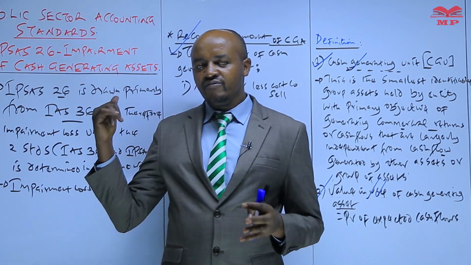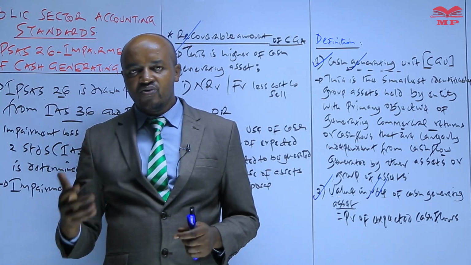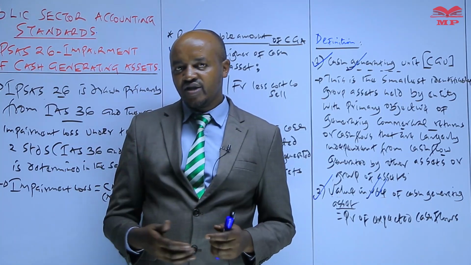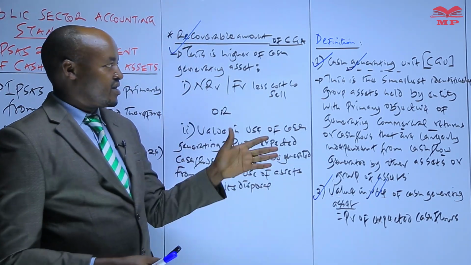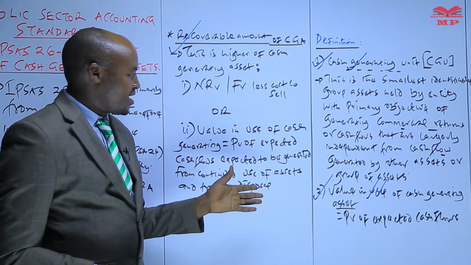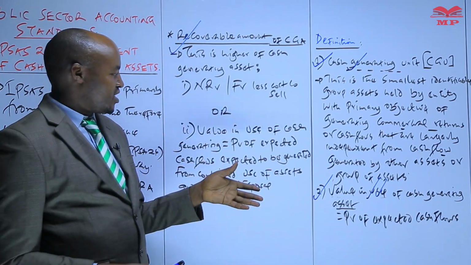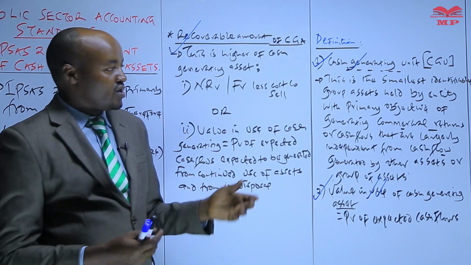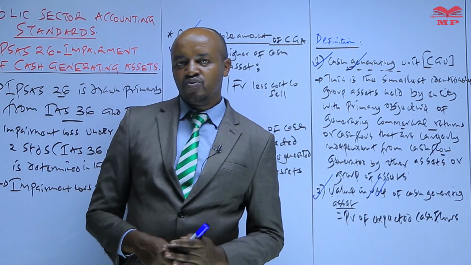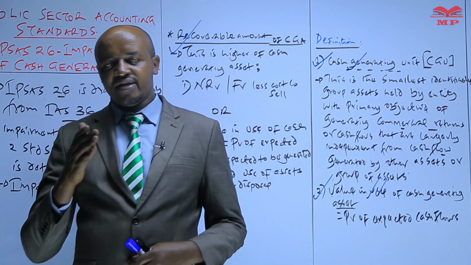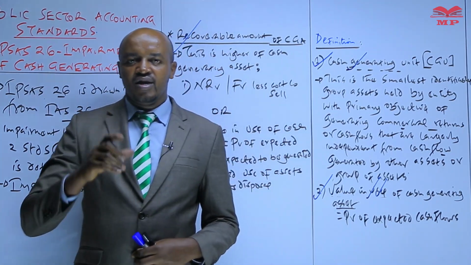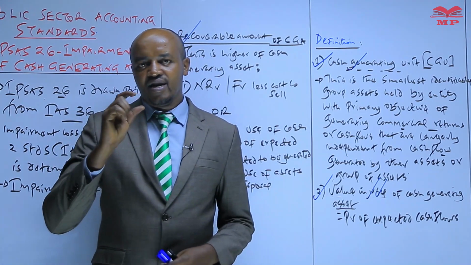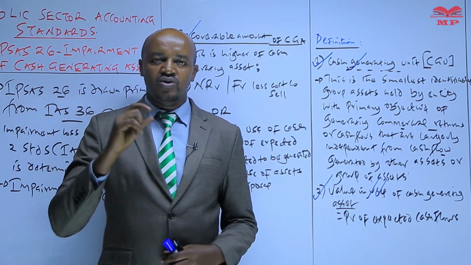Most of the questions from this standard require you to define a number of terms. Like you can be required to define the cash generating unit, the value in use of a cash generating asset, or maybe the recoverable amount.